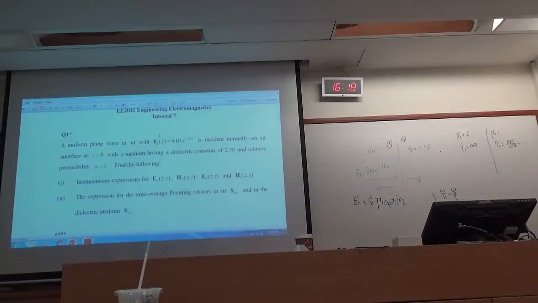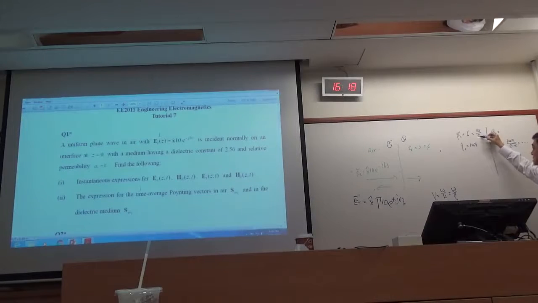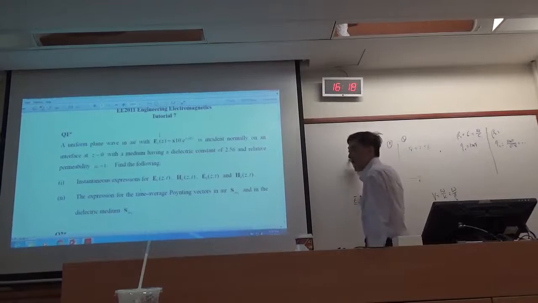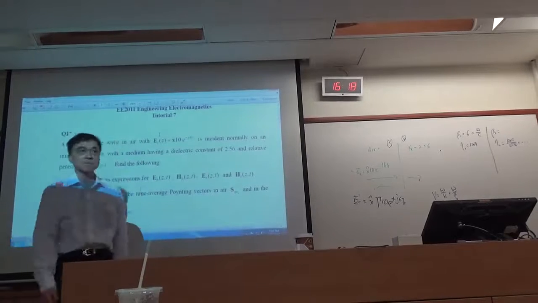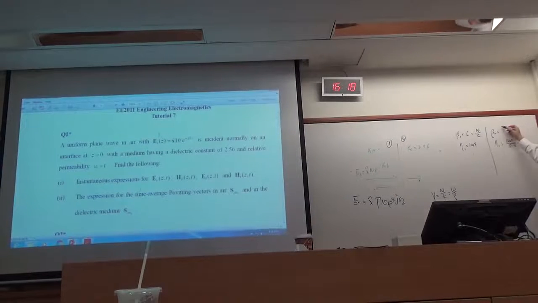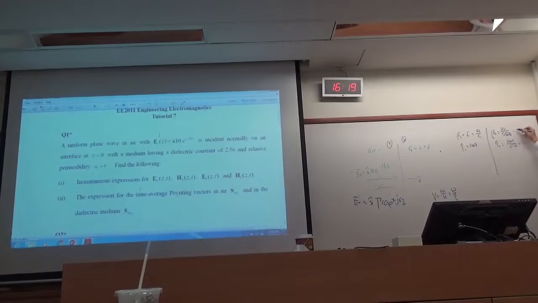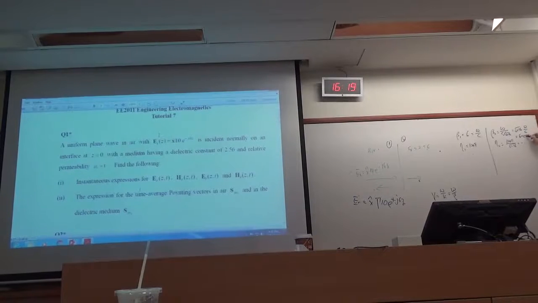Only the velocity is not the same, because the velocity up here in air is equal to C. Now, down here, beta is still equal to omega over velocity, but remember the velocity in a dielectric is slower. It's C divided by square root of 2.56. So beta 2 is equal to square root of 2.56 times omega over C, equal to 6 times square root of 2.56.